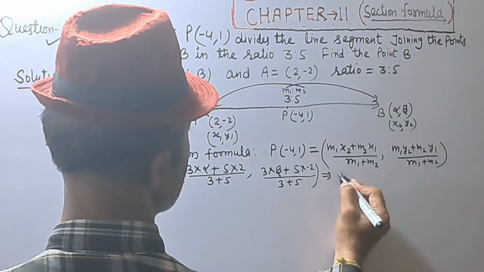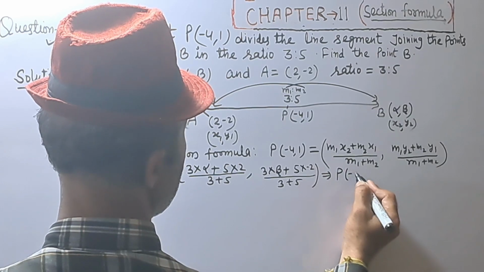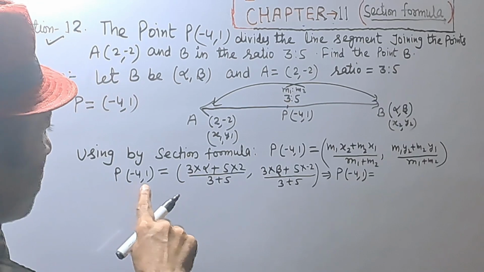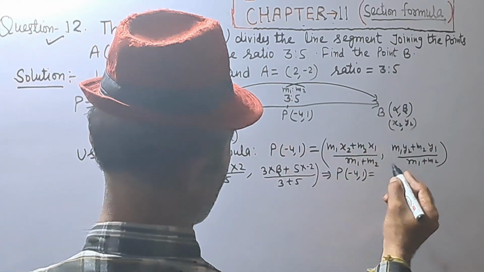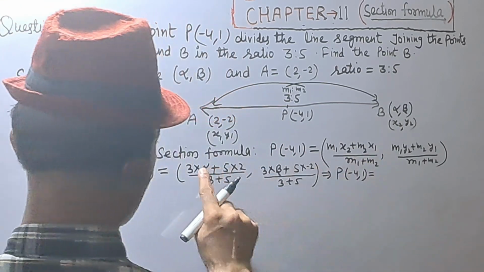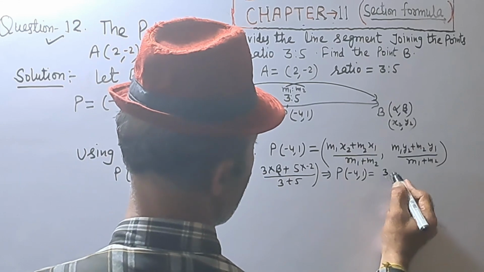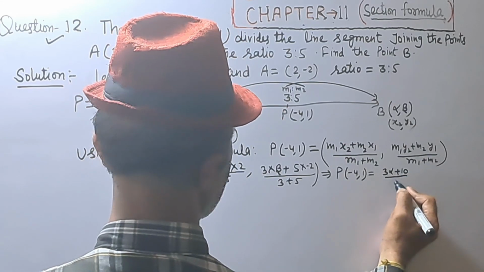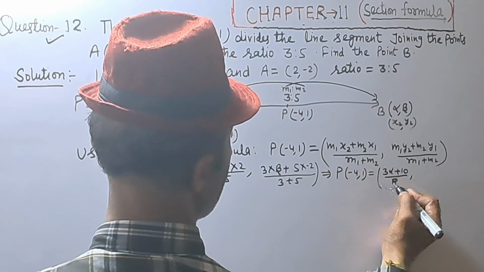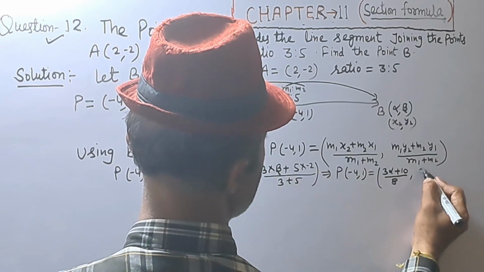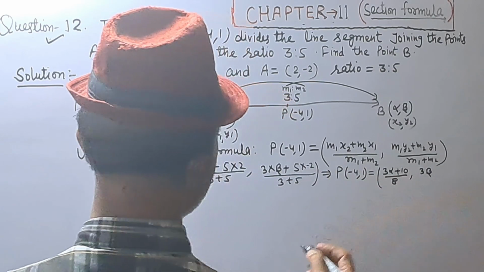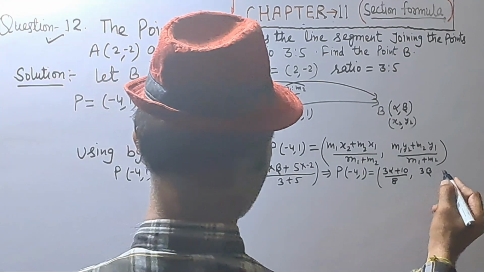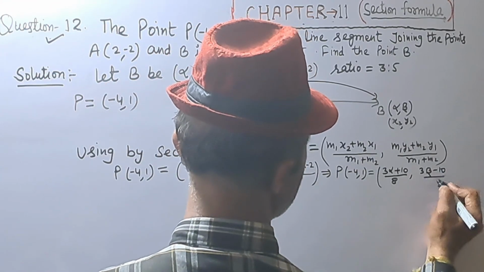Which implies P(-4, 1) is equal to (3 alpha plus 10)/8 and (3 beta minus 10)/8.